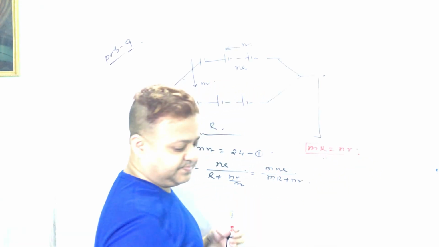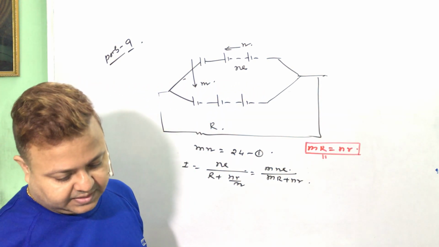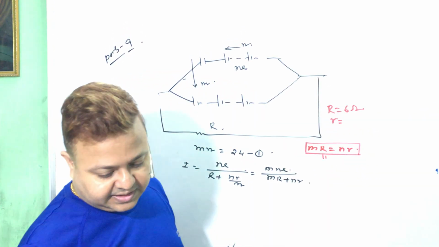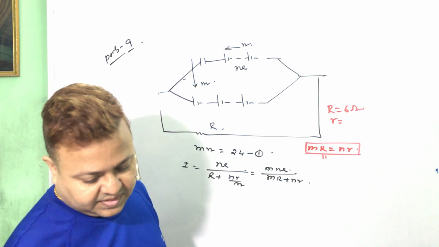Capital R is given, the external resistance is 6 ohm, and the internal resistance of the cell is 1 ohm, that is 6 into m equal to n.